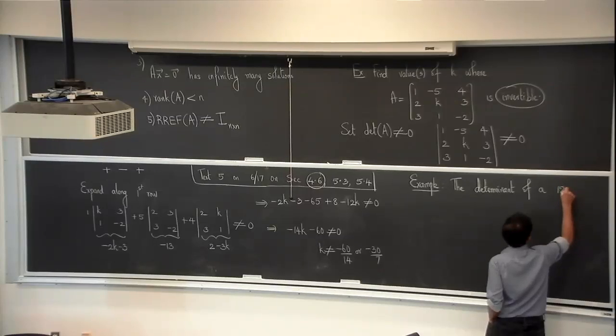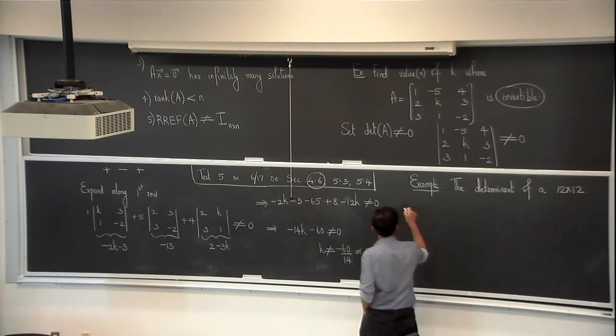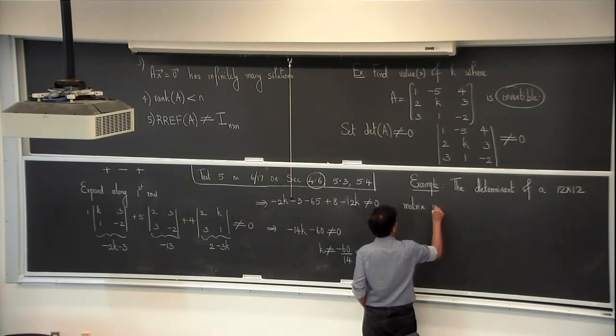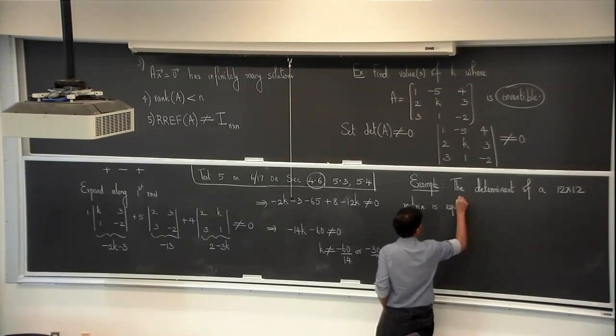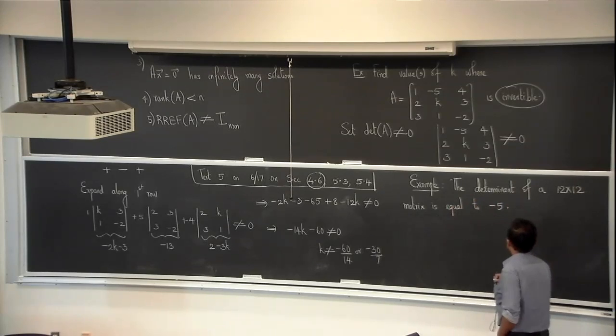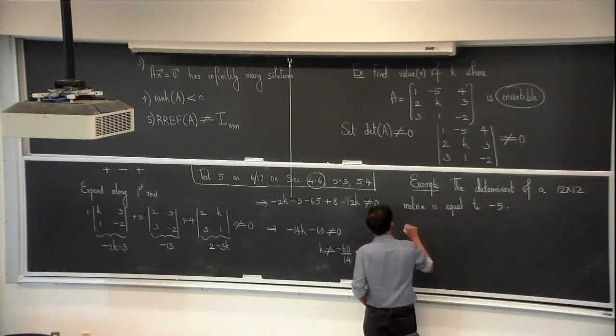The determinant of a 12 by 12 matrix. I don't want to know what that matrix is, but the size of the matrix is 12 by 12. The determinant is equal to -5. So answer the following questions.